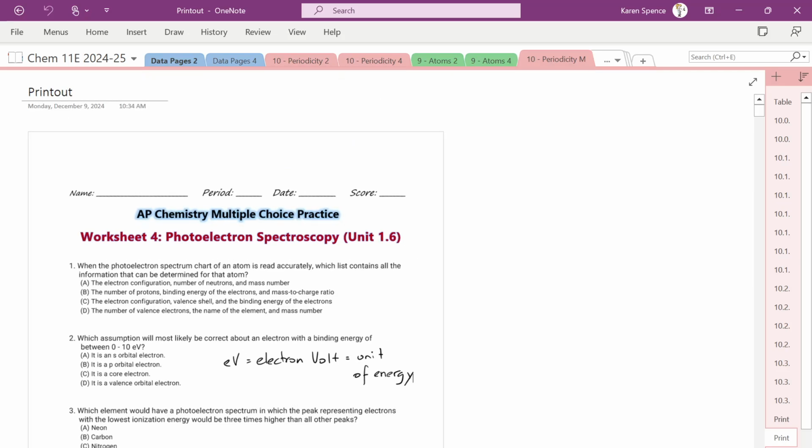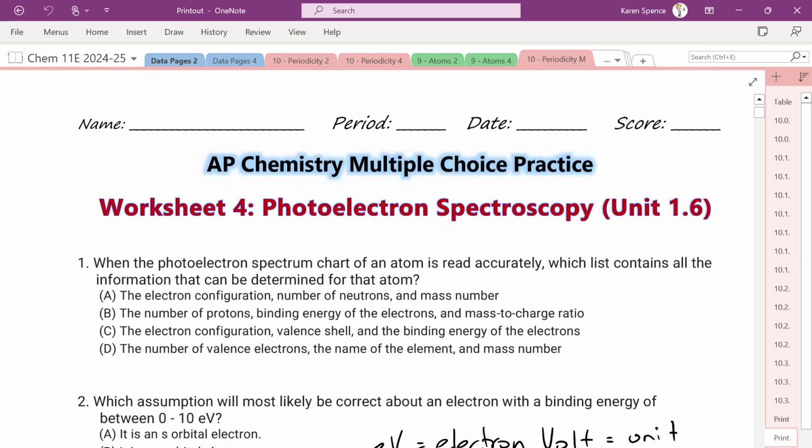So we have a question from the photoelectron spectroscopy review, number 20.